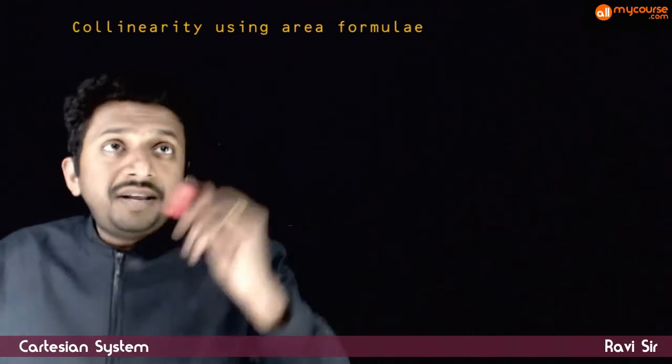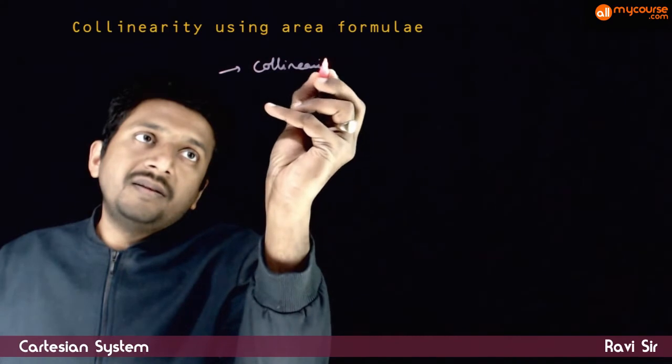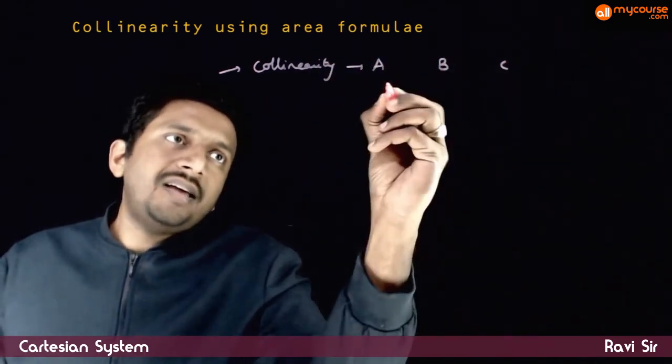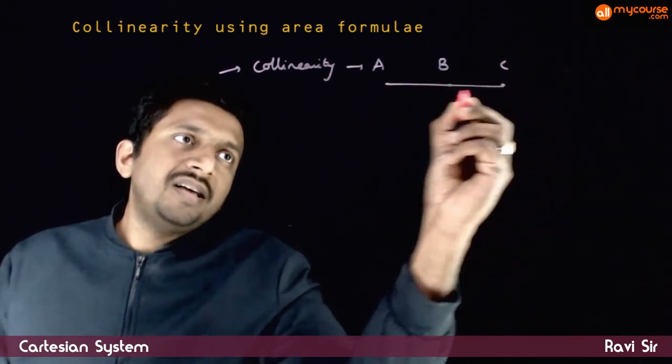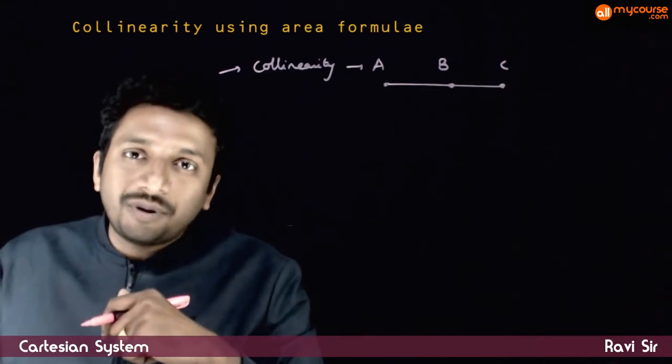The collinearity of 3 points A, B, C can also be checked using the area of triangle formula.